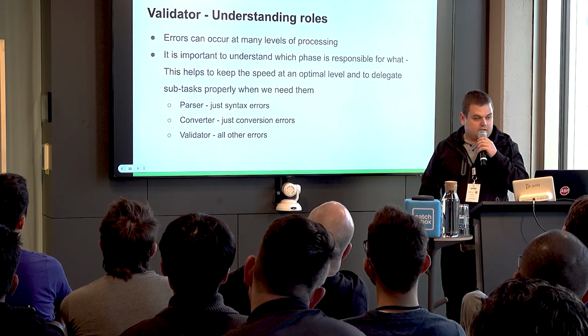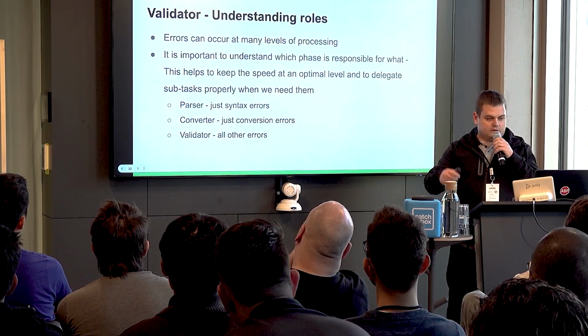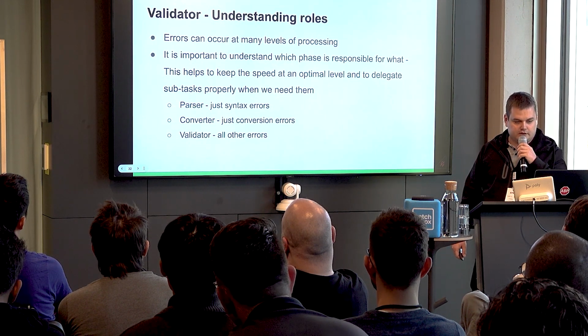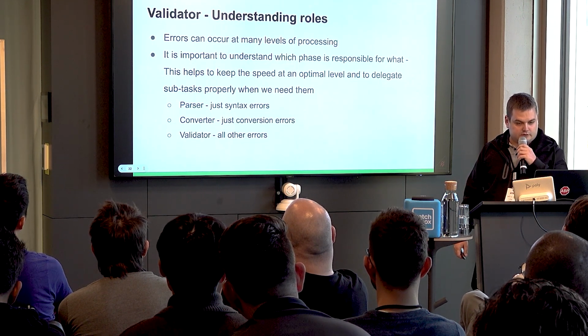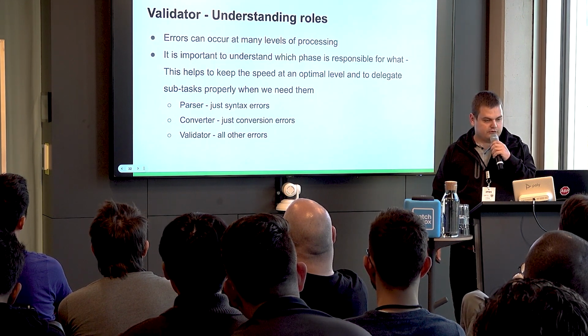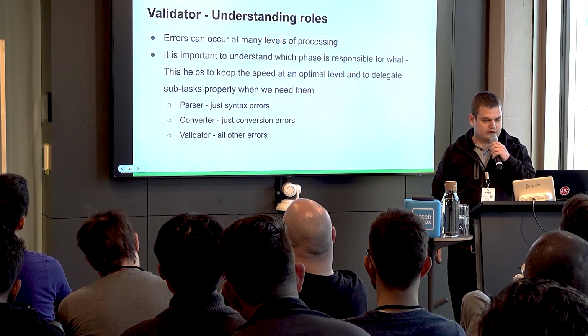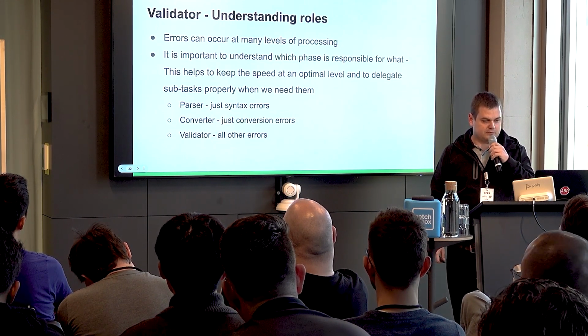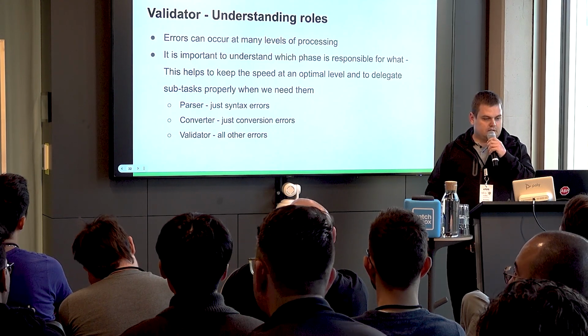I believe it's important to take a look at the distinct roles involved in validation to give the audience a better understanding of the intentions behind each stage. The parser, for instance, only flags syntax errors. It will parse a rule that may contain invalid elements, such as incorrect domains, non-existent modifiers, or unsupported scriptlets, without an issue.